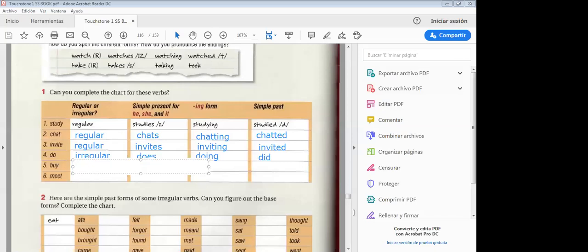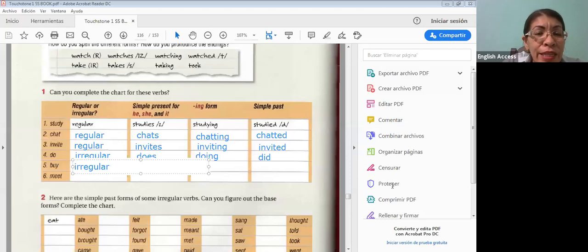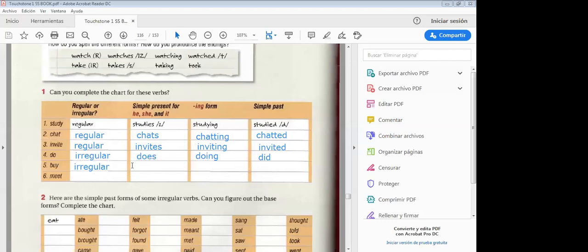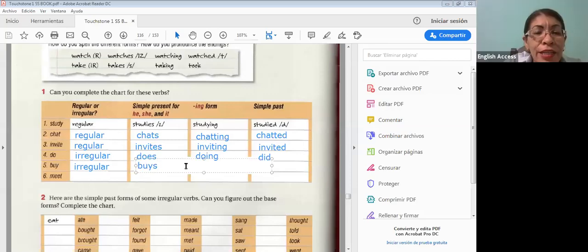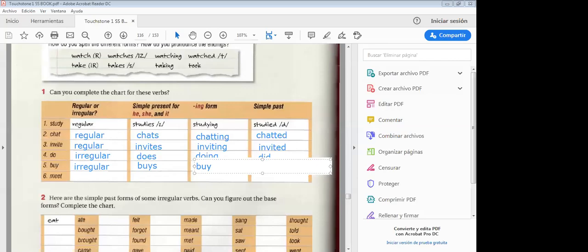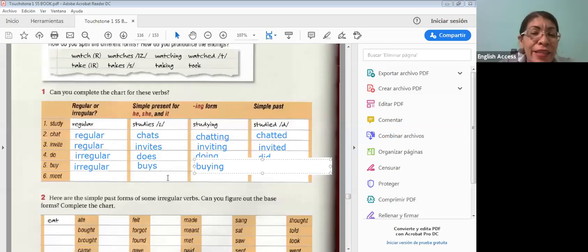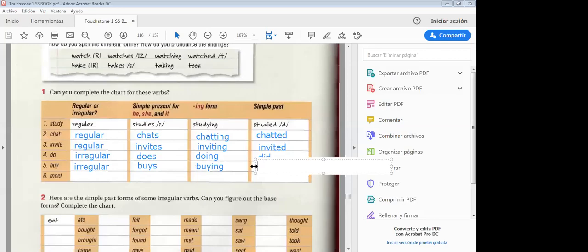Irregular. Simple present, he, she, it. Buys. Nice. Ing. Buying. And simple past? Bought.